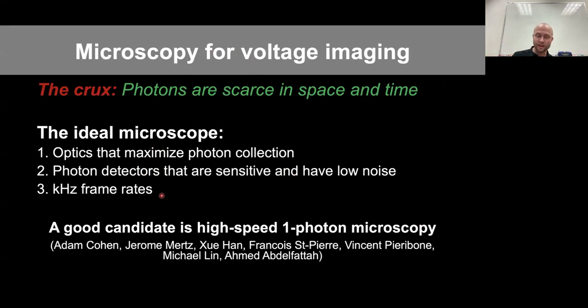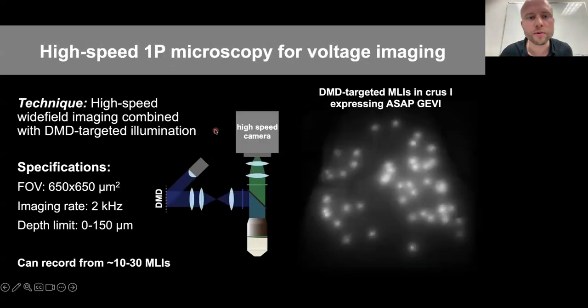A really good candidate for this is high-speed one-photon microscopy. This technique has been pioneered by both optical engineers as well as the bioengineers who are developing indicators for one-photon microscopy voltage imaging.